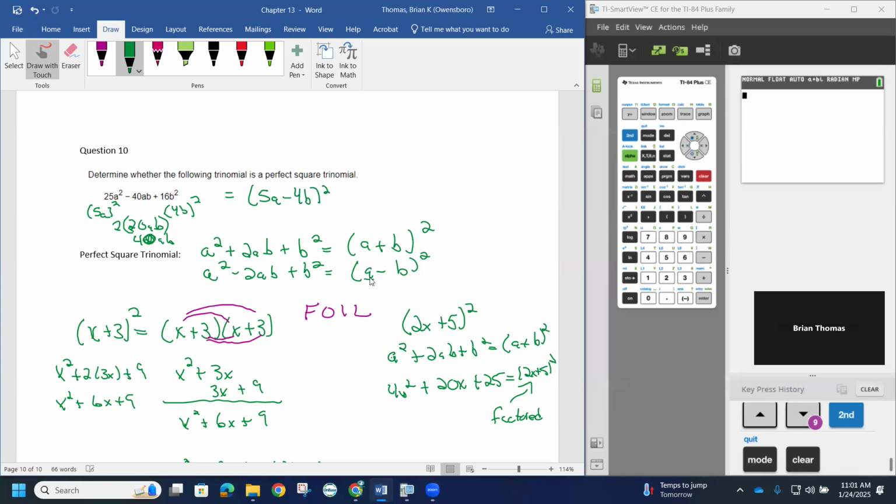So notice how it's just going to be a minus this b. So this is your a, if you will, and this is your b. And since there's a minus sign here, we use a minus sign between the two terms. So (5a minus 4b) squared is our factored form of that. So to determine whether or not the following trinomial is a perfect square, yeah, this is a perfect square.